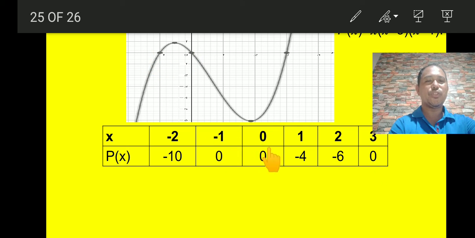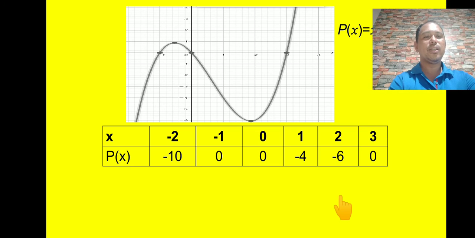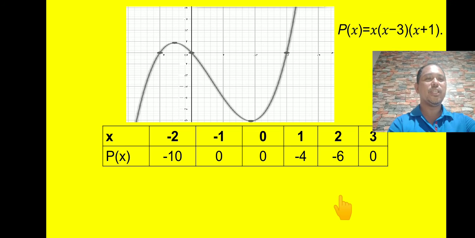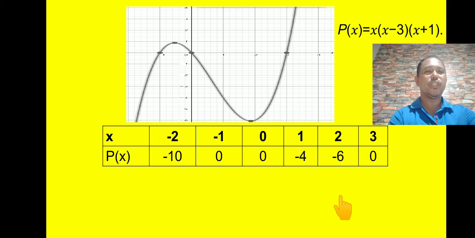So negative 1, 0, 3. So you have here negative 1, 0, then 3. So that is the x-axis. Okay, so I think we are done with this topic.